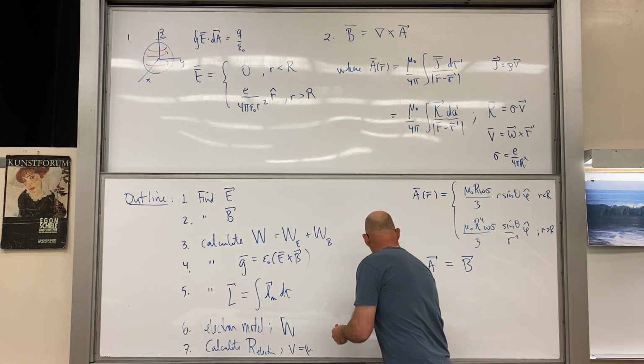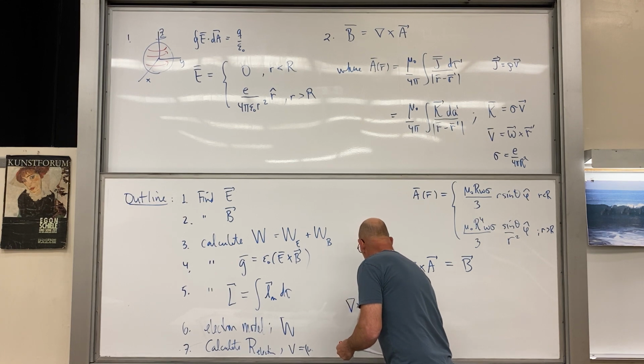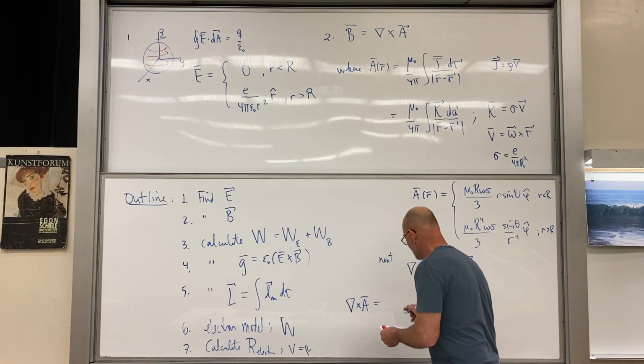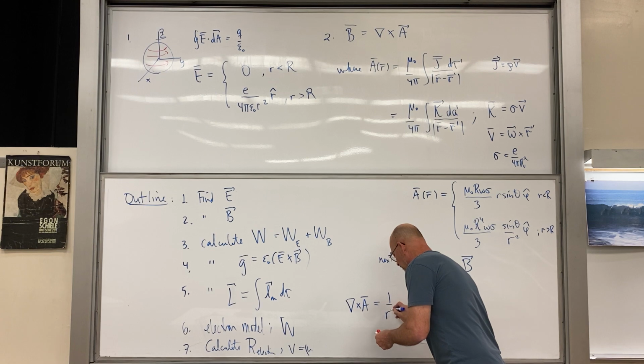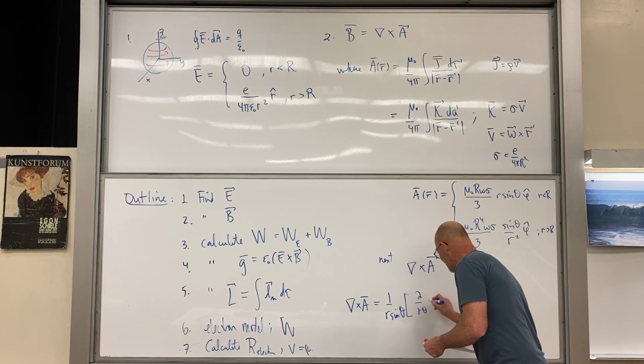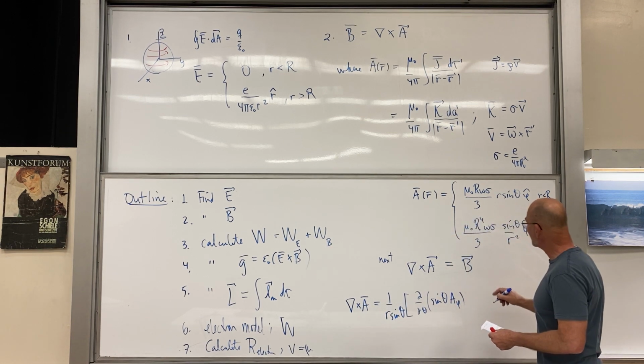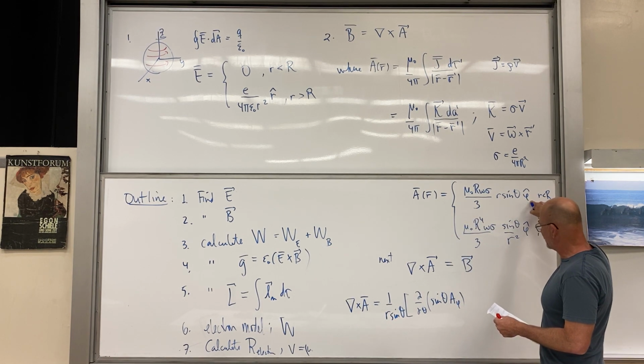So curl of A has 1 over r sine theta d over d theta of sine theta A sub phi, which is what we have here. These are all A sub phi's.